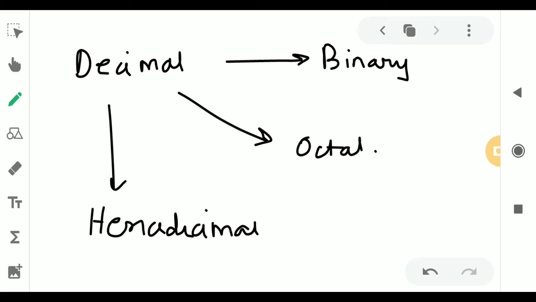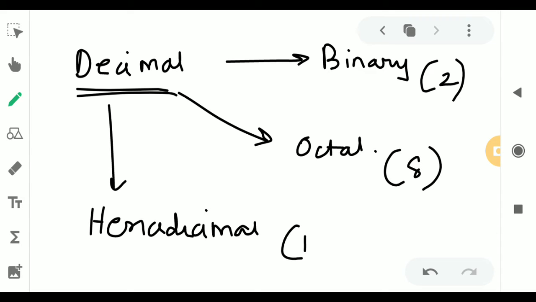Divide the decimal number by the base of the number system that you want the number to get converted into. For example, the base of binary is 2, the base of octal is 8, and the base of hexadecimal is 16. So just divide the decimal number by these bases.